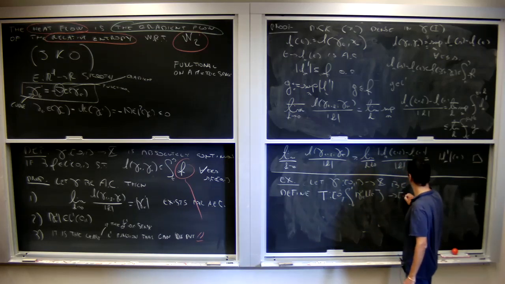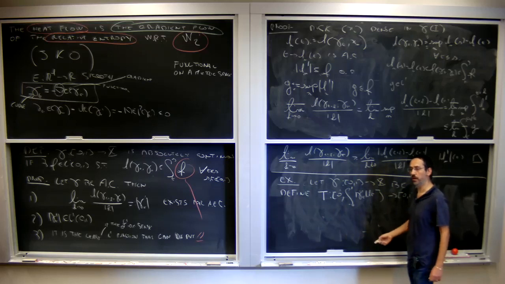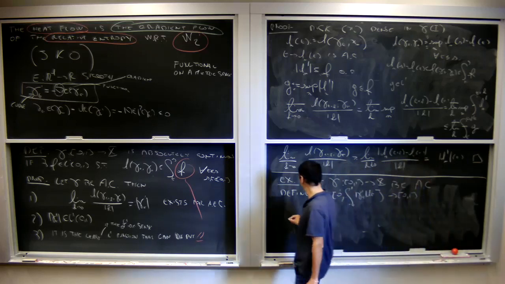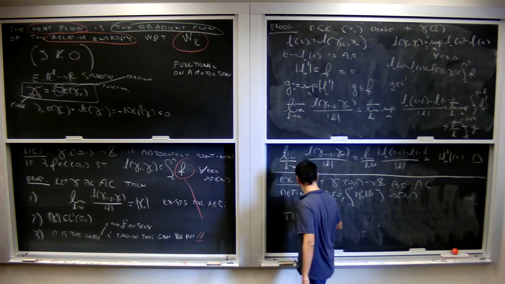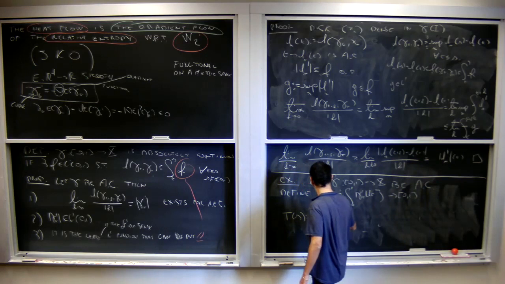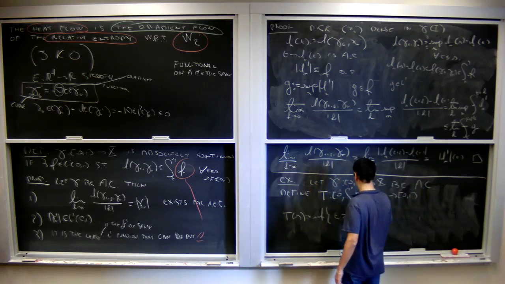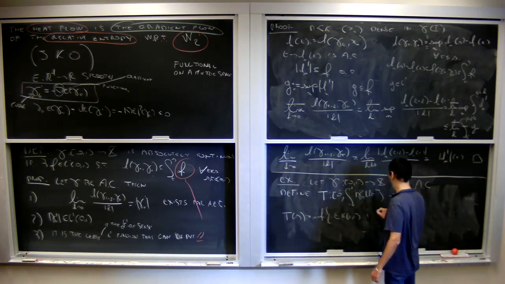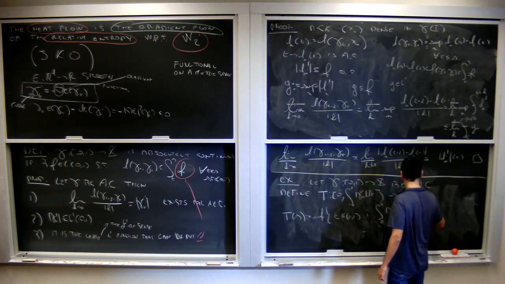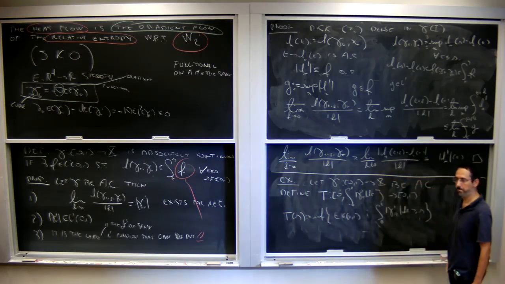So it is defined on the interval from 0 to the length of the curve, with values in [0,1]. This is my reparameterization function, and T(s) is defined as the inf among all t in [0,1] such that the integral from 0 to t of |γ'|(r) dr is greater or equal than s.